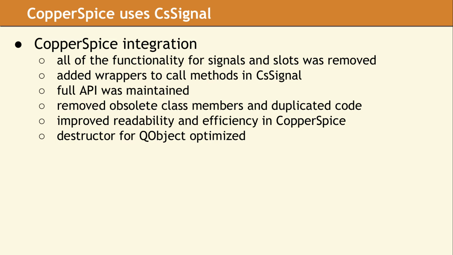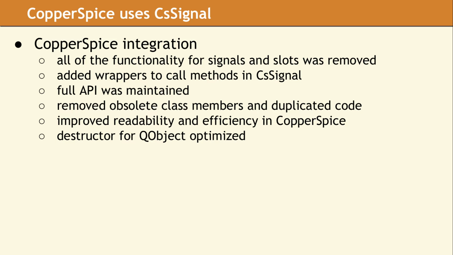We designed CsSignal as a standalone library in order to refactor the signal slot delivery mechanism out of CopperSpice. During this refactoring, we found problems that were in the original CopperSpice implementation of signals and slots, which only became manageable when we refactored the functionality out into a smaller and more concise library.